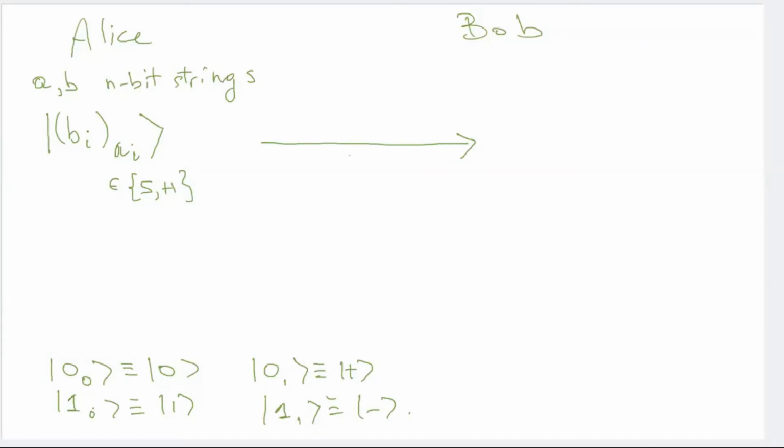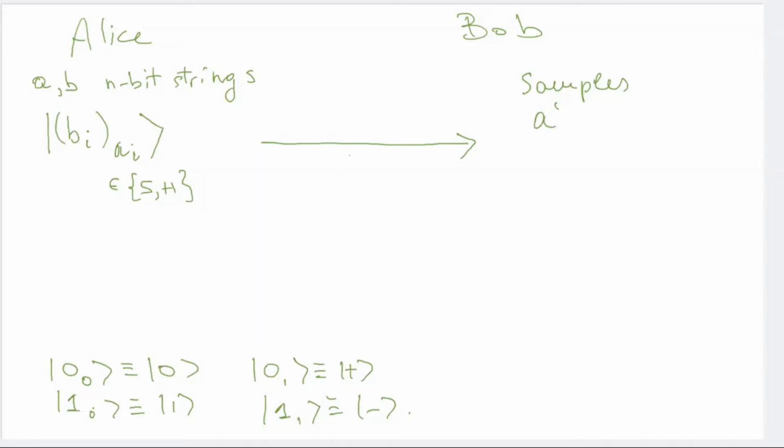Now what Bob does is sample a uniformly random choice of basis, call it A prime.